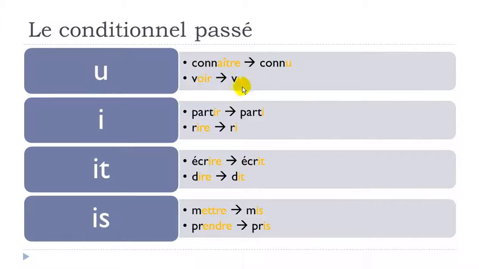Voir, to see, will become vu. Ending with I, partir, to leave, will become parti. Rire, to laugh, will become ri. The ones ending with it, like écrire, to write, écrit. Dire, to say, dit.